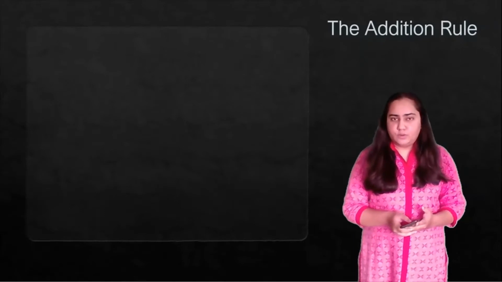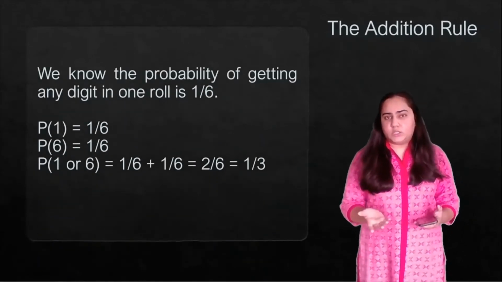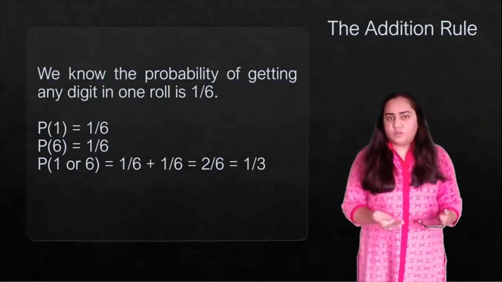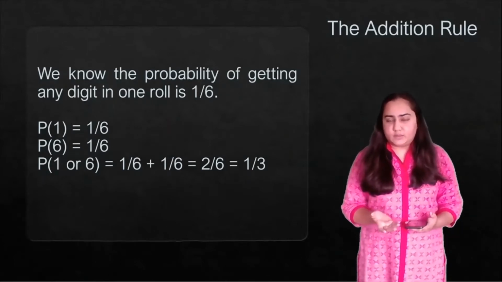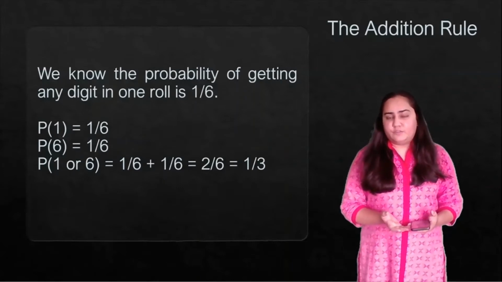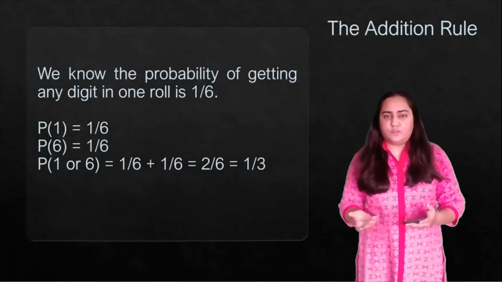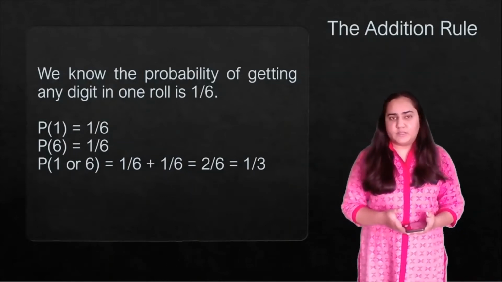So here we are going to be applying the addition rule, and here the probability of getting any digit in one roll is obviously 1 by 6 because there are 6 sides to a dice, and that's why if you want to know the probability of getting a 2 or a 3 or a 4, it's always going to be 1 by 6.